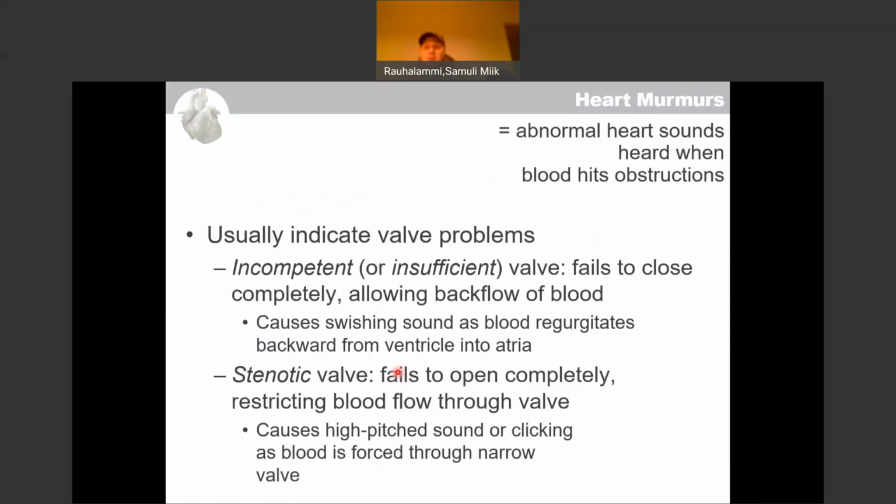If we hear abnormal heart sounds, we talk about hearing heart murmurs with the stethoscope, and that can tell us that we have issues with the valves, whether it's an incompetent or stenotic valve. We had a look at that before, so I'll just leave it for you to study independently.